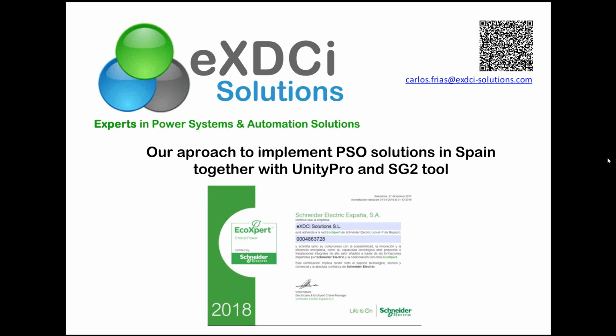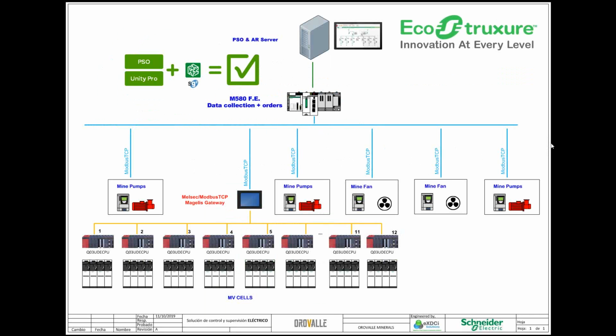So in this case, I will show you an application for a gold mine. In the mine we have 12 areas with medium voltage cells.